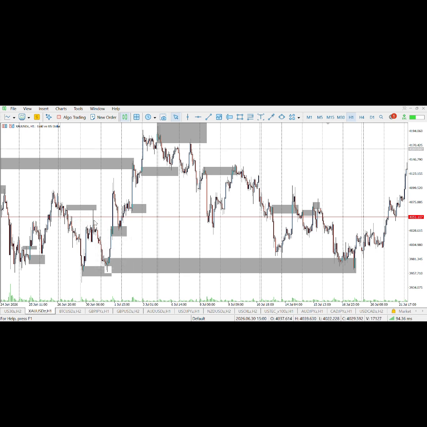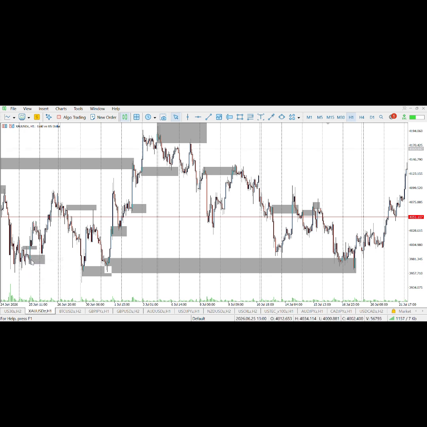And you can see how this neckline came here and touched it. They call it sniper entry. You can see it. Then here is another zone. Rally, base. Here is the base. Drop, I mean drop, base, rally.